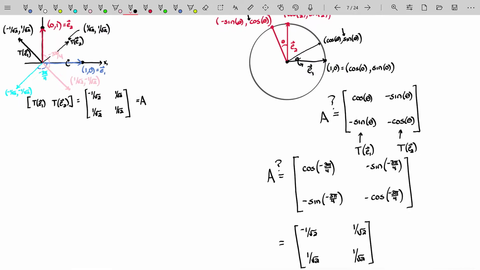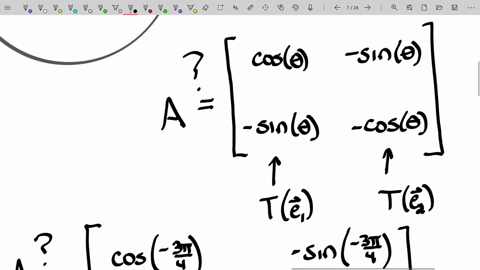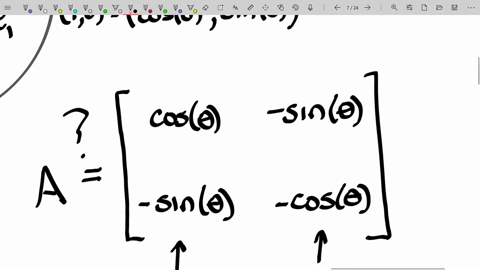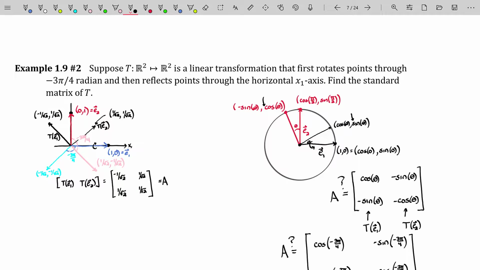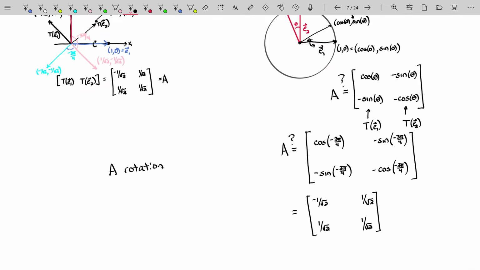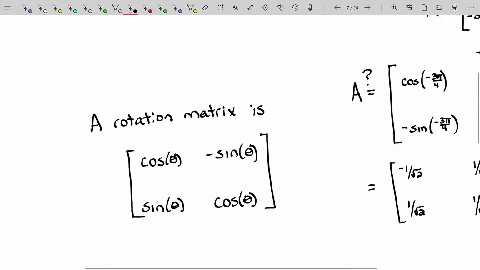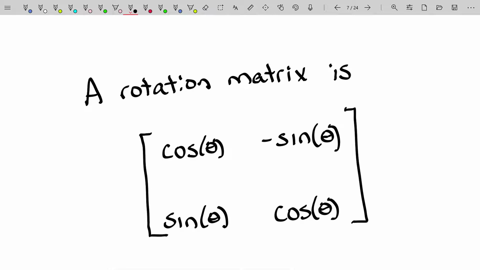So what we did for a single case scenario here works for any rotation that I plug in. So if I want to do a rotation of, let's just say, 5 pi over 7 radians and flip it about the x sub 1 axis, I would just substitute into this matrix right here 5 pi over 7 for theta. In general though, the one that's going to be super helpful for you is the following. That is the general rotation matrix.